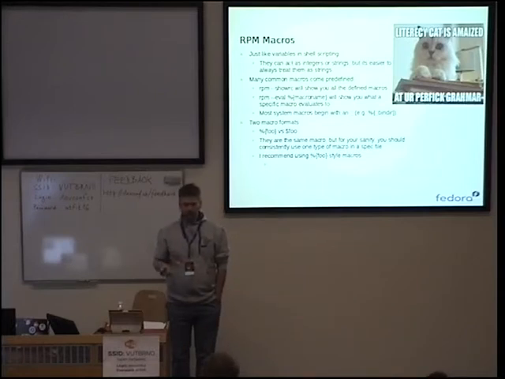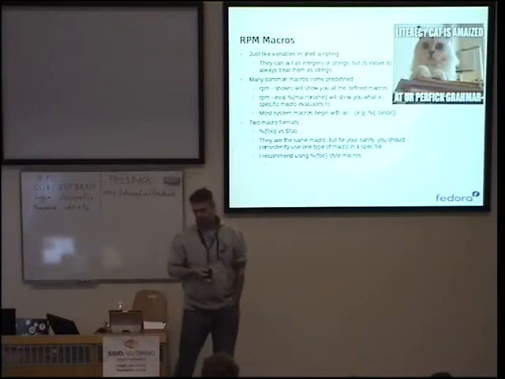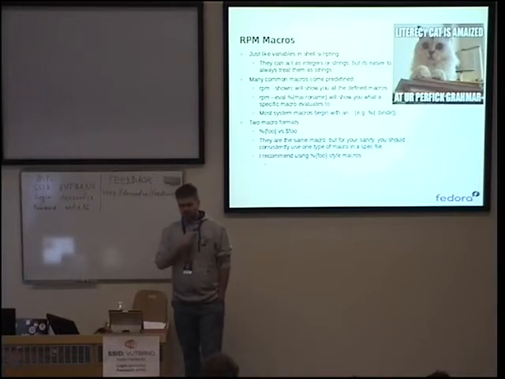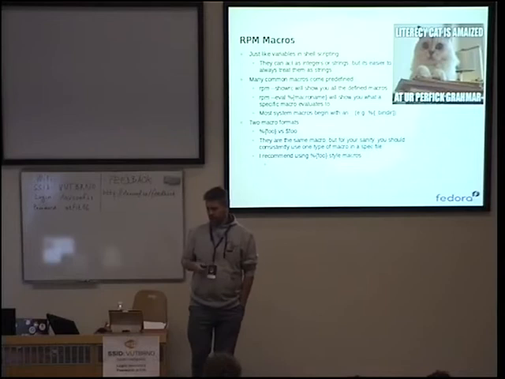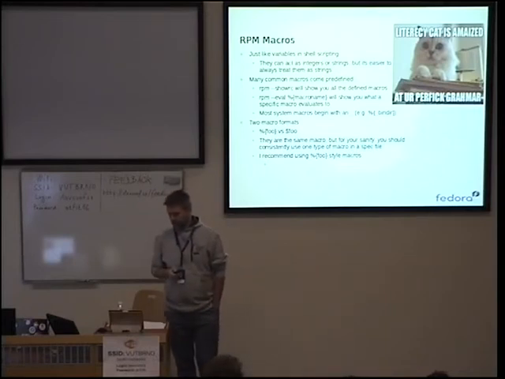If you run rpm --eval and a macro name, rpm tells you how it evaluates that macro. It's sometimes useful if you want to know what _sharedstatedir is, if it is var or usr or something like that. So you run rpm --eval and the macro, and it will tell you its value.